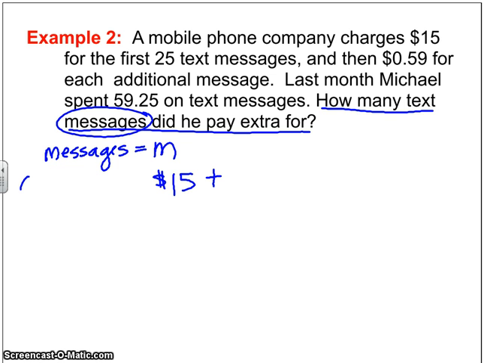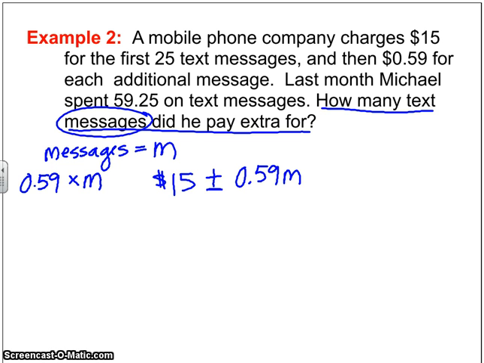So we have to take the cost of each text message and multiply it by the number of text messages we're actually sending. So there's the second part of our equation. We have our $15 cost for the first 25 text messages. In addition to that, we also have to pay 59 cents for each text message.